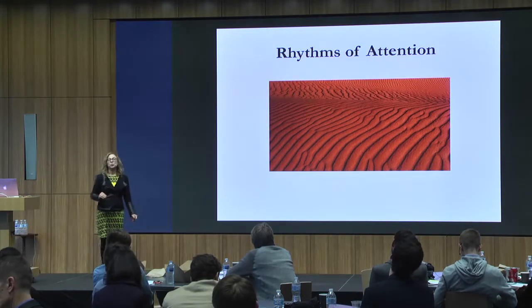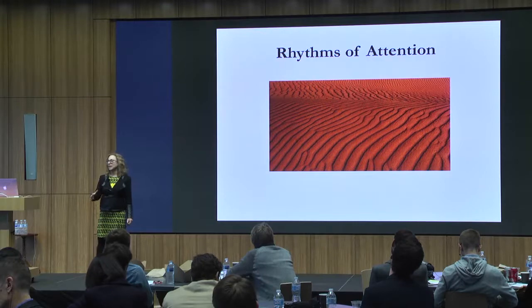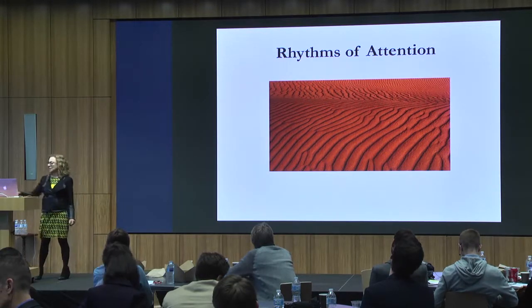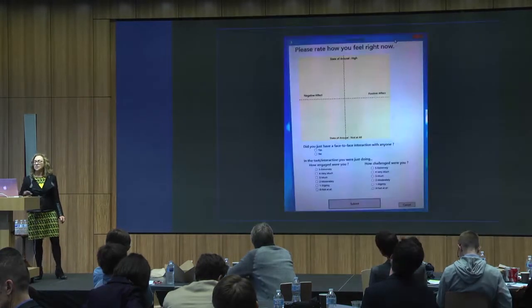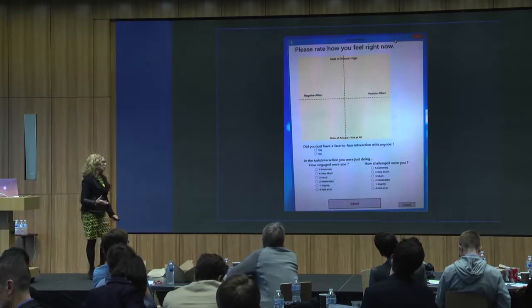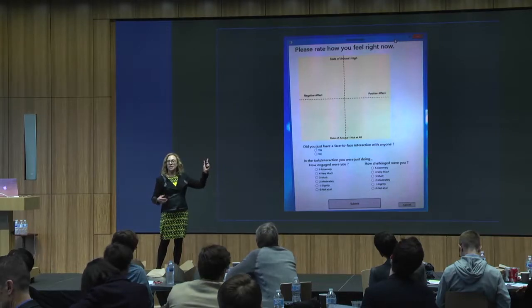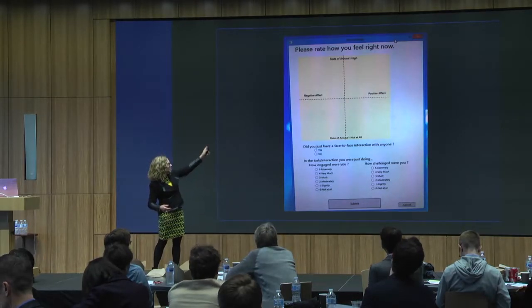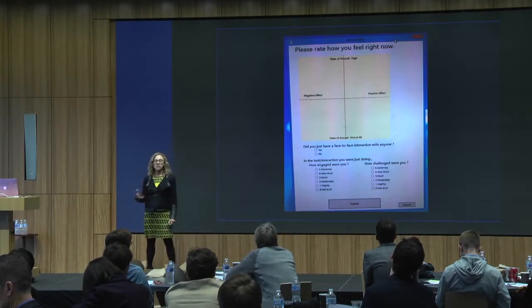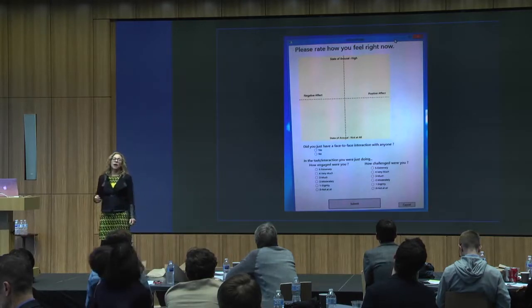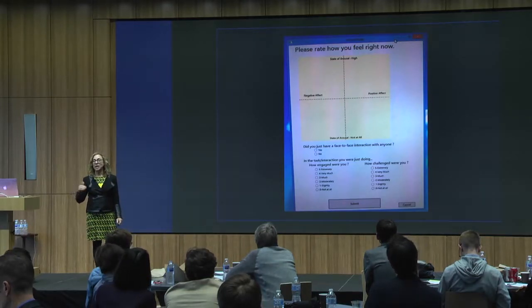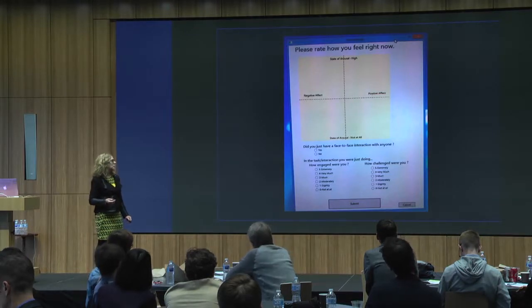Let's talk about rhythms of attention, so how attention is distributed throughout the day. And this was measured through experience sampling. So people would get a probe like this on their computer screen, and this top part is Russell's circumplex model, which measures arousal and valence. It's a measure of mood.